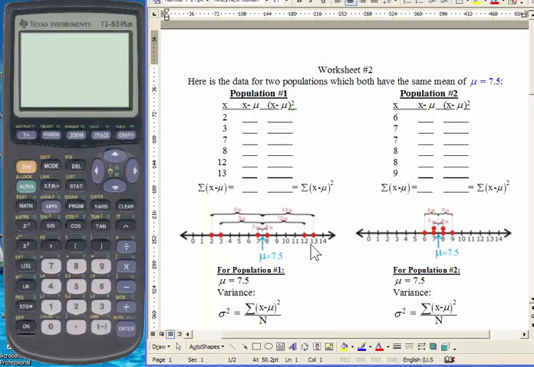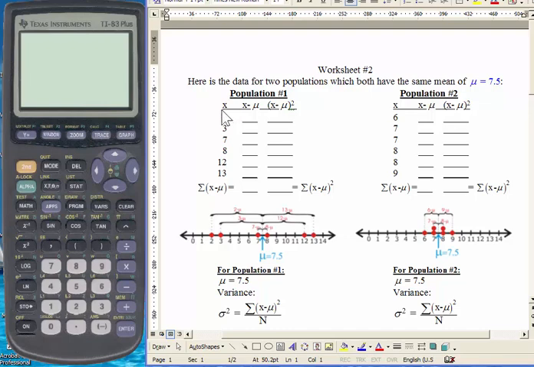So let's consider this. Let's look at all the distances between each of these data values and the mean. That's what these brackets are showing us. Same thing for population 2 here. This is what we're doing in these columns.